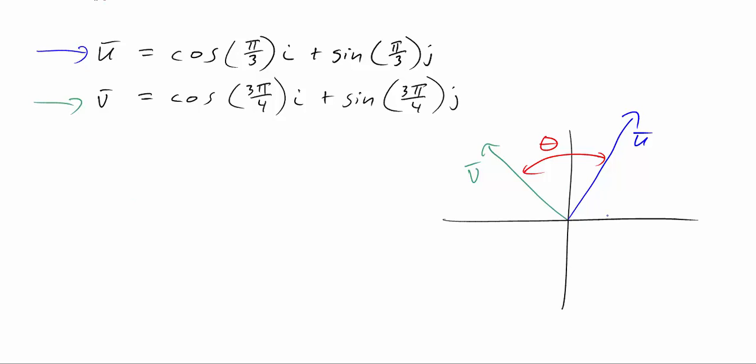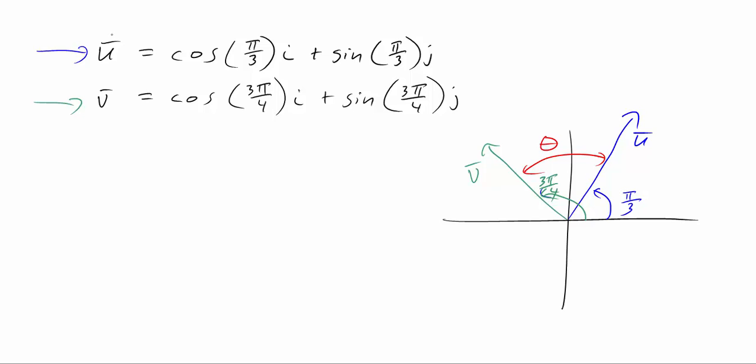Well, keep in mind this angle is located at pi over 3, and this angle all the way over here, this particular angle is what? That's going to be 3 pi over 4, right?